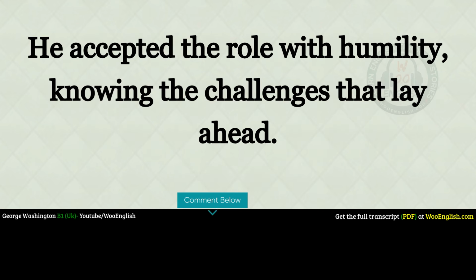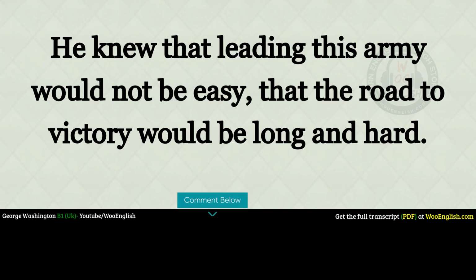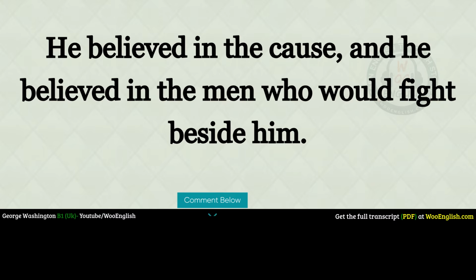He accepted the role with humility, knowing the challenges that lay ahead. He knew that leading this army would not be easy, that the road to victory would be long and hard. But Washington was ready. He believed in the cause, and he believed in the men who would fight beside him.